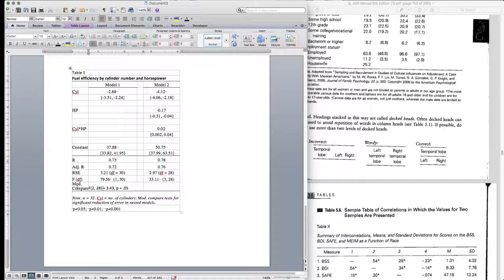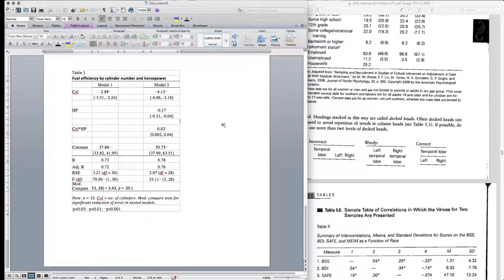And you have your model comparison, so you don't have to give this information in line in the text. You can just say that a model comparison showed that model 2 significantly reduced the error, and leave it at that, and it's less words that you're having to put in the body, and so you're saving that for more important words.